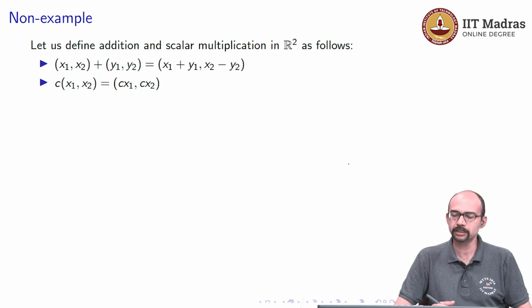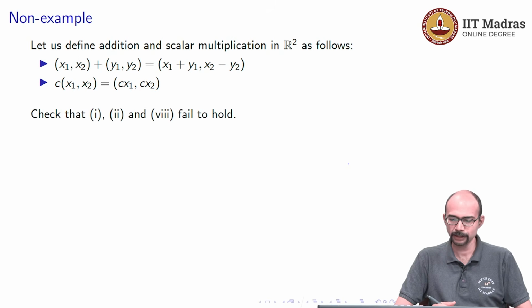Okay, so this is the definition of the plus. Okay, and then c times (x1, x2) is (c times x1, c times x2). So the scalar multiplication is the usual scalar multiplication. Okay, so some things fail. What fails? So check that 1, 2 and 8 fail.